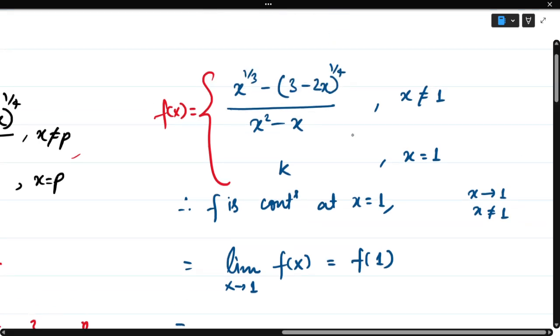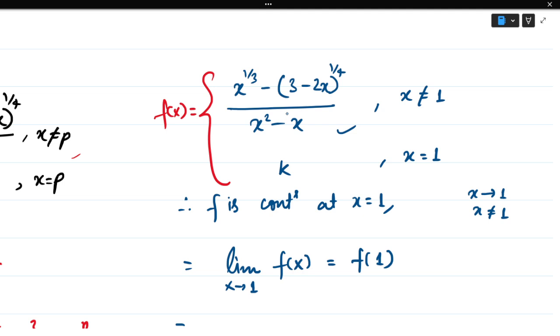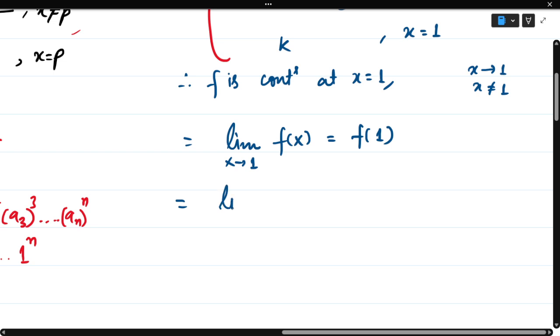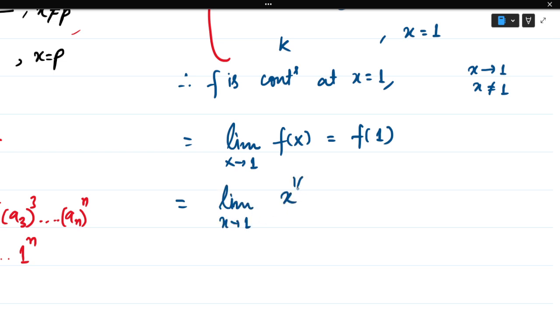Therefore, we select the first piece of the piecewise function to substitute in place of f(x). If we substitute this value, we get the limit as x tends to 1 of x to the power 1/3 minus (3 minus 2x) to the power 1/4, over x squared minus x.